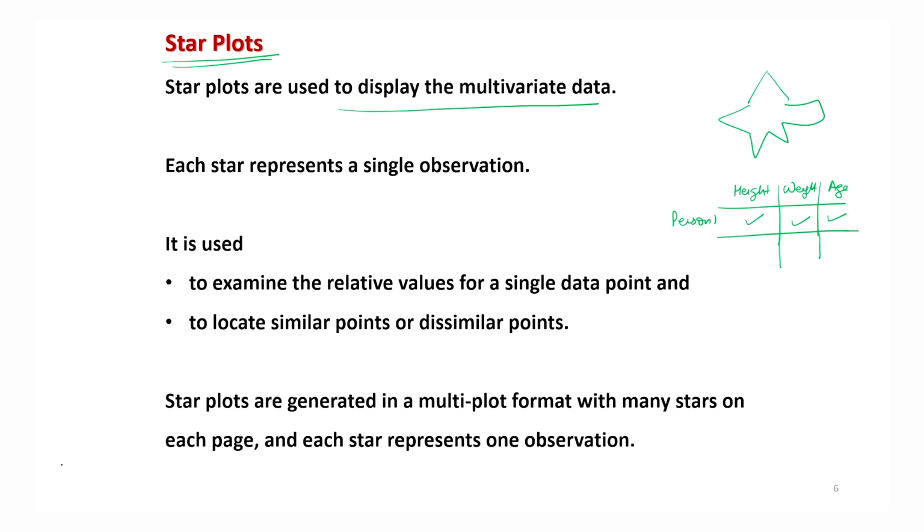Now I am writing down the height, weight and age of person number 1. Now I choose another person, person number 2, and write down the height, weight and age of person number 2. So this is my first data, this is my second data, right? So this is actually multivariate data.